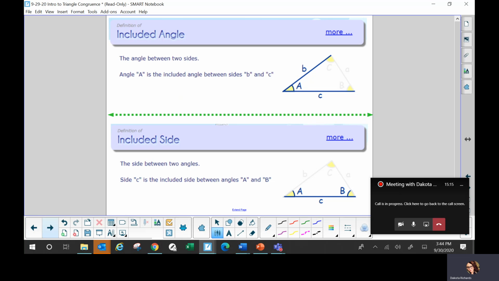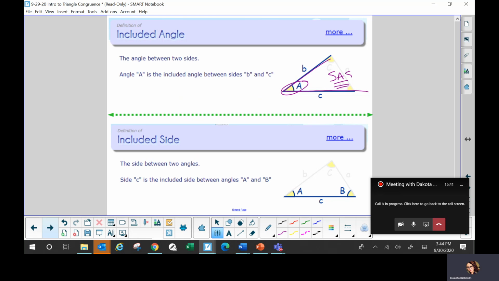So when you have an included angle, angle A here would be the included angle. That just means it's the angle in between those two sides. So we have side B and side C. The angle in between would be angle A. This is going to work out with side, angle, side. You also have included sides.